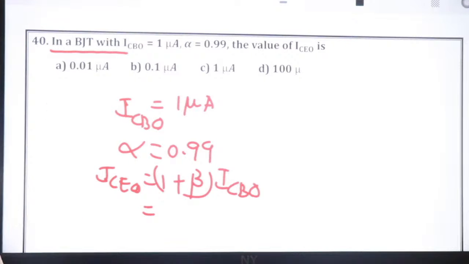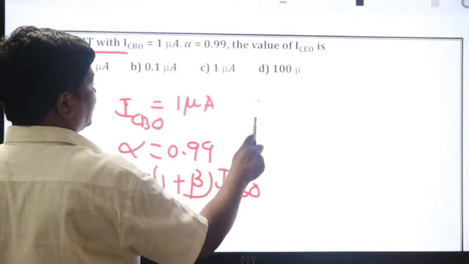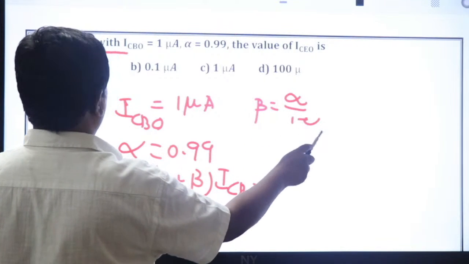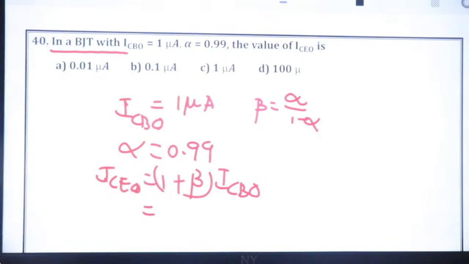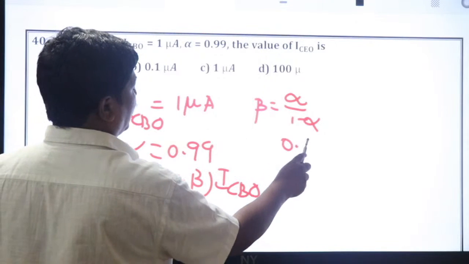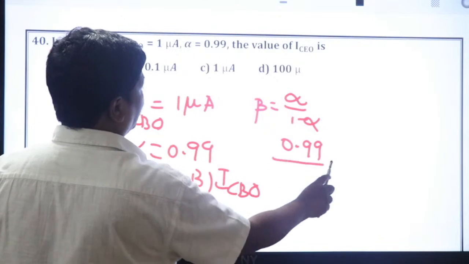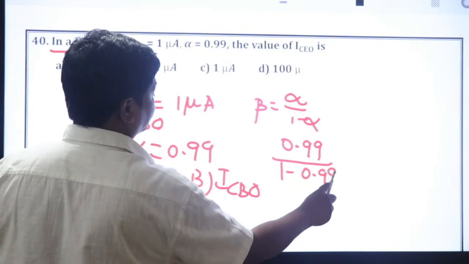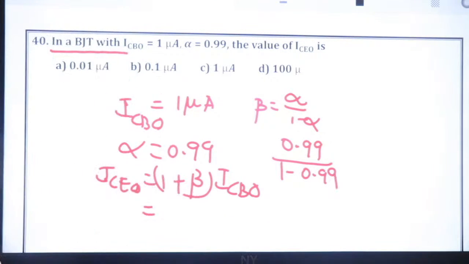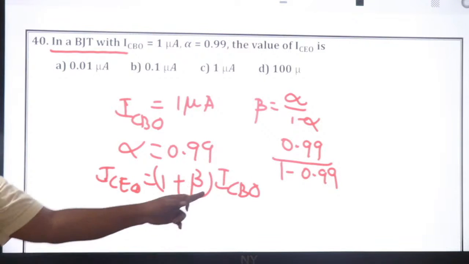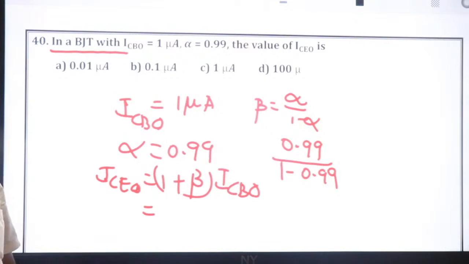What would be the beta? Beta is equal to alpha by 1 minus alpha, that is 0.99 divided by 1 minus 0.99. From that you calculate beta, substitute it here, and multiply with ICBO.